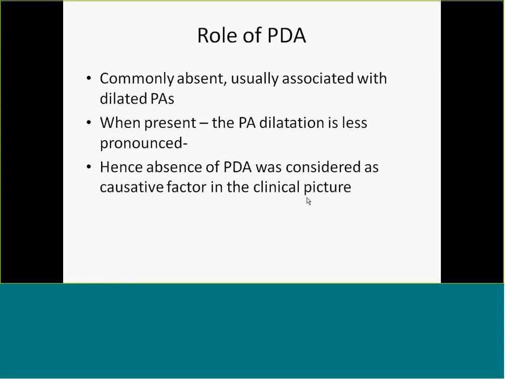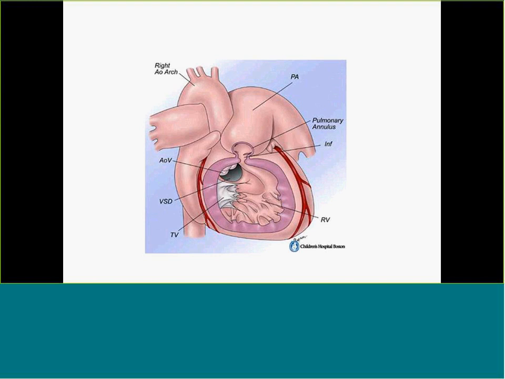So there is a new concept of a circular shunt in absent pulmonary valve syndrome. Let me explain. When you have a ductus, it leads from the aorta into the pulmonary artery. The pulmonary artery, due to the pulmonary incompetence, leaks into the RV. From the RV, it goes through the VSD into the LV. From the LV, it goes to the aorta.